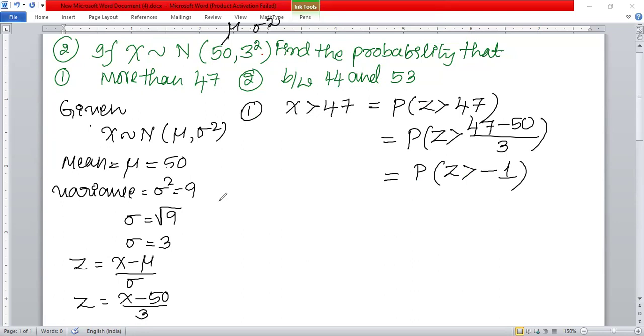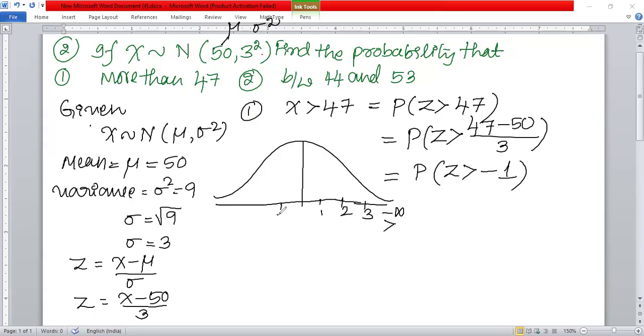Yes. Now we are able to draw the bell-shaped curve. So we'll see how it is. 1, 2, 3, minus 1, minus 2, minus 3, minus infinity. Now the value is minus 1. So greater than, this side. So you have to shade like this.